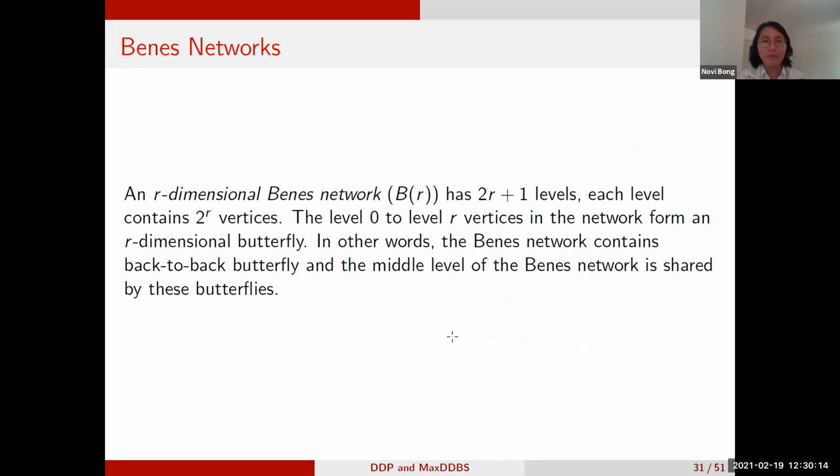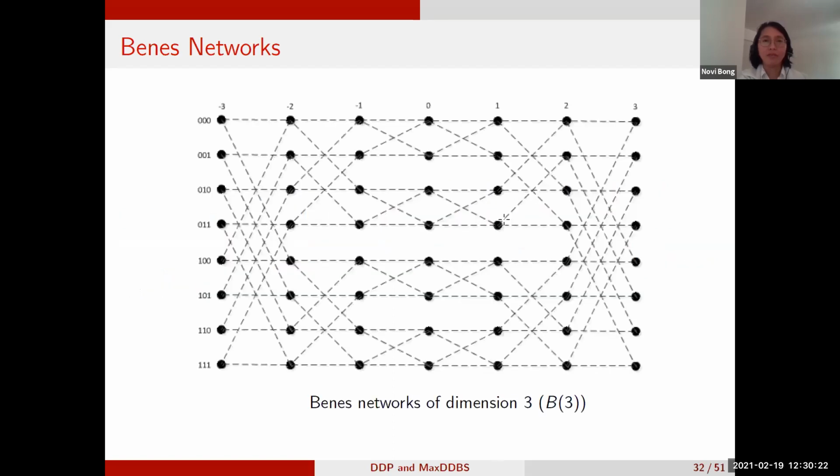Then the Benes network has 2r plus 1 levels, and it is a back-to-back butterfly, so it looks like this. This was the butterfly, and this is another copy of the butterfly, and they join here. This is a Benes network of dimension 3, so you have two 3-dimensional butterflies stacked together.